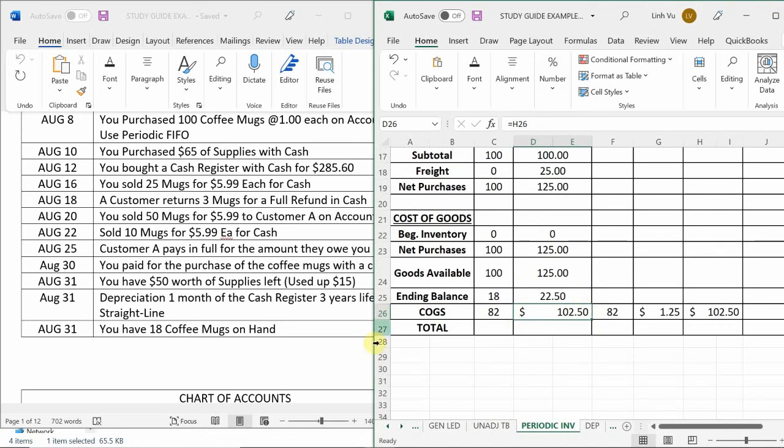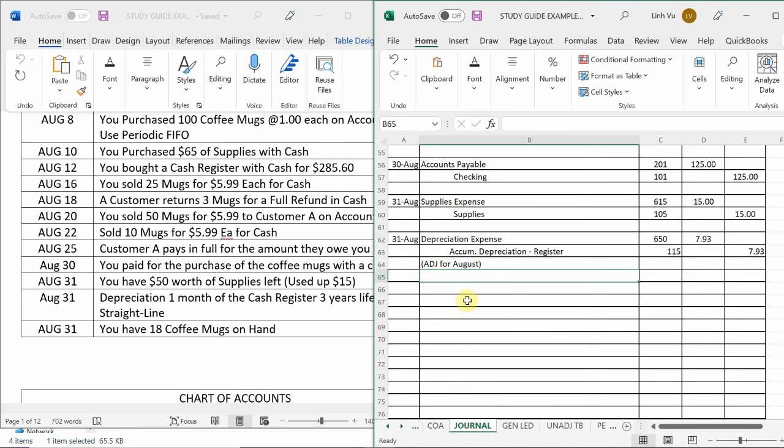Okay. So therefore, I need to do my entry. How do I journalize this information? How do I journalize that I have 18 mugs left at $22.50?